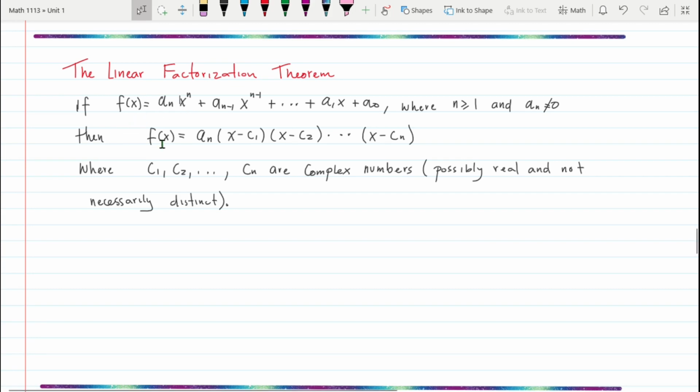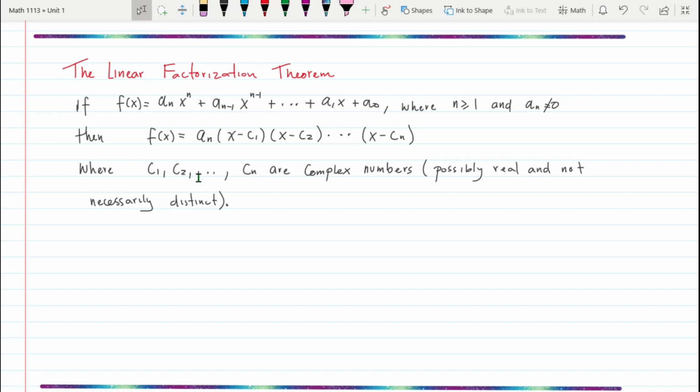F of x is equal to some leading coefficient times x minus a constant times x minus another constant, all the way down to however many constant factors there are. Here C1, C2, all the way through Cn are complex numbers, and this includes real numbers, and they are not necessarily distinct.